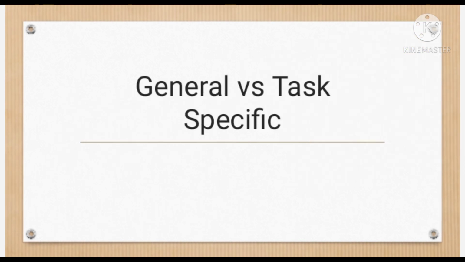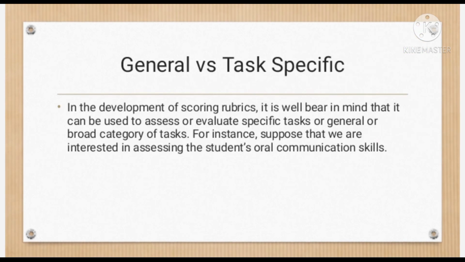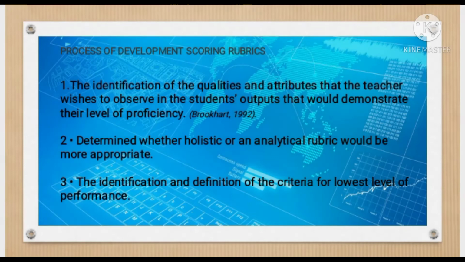General versus task specific. In the development of scoring rubrics, it is well to bear in mind that they can be used to assess or evaluate specific tasks or a general or broad category of tasks. For instance, suppose that we are interested in assessing the students' oral communication skills. There are processes of developing scoring rubrics.